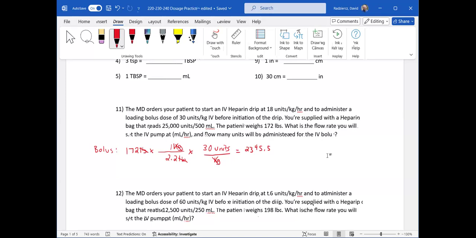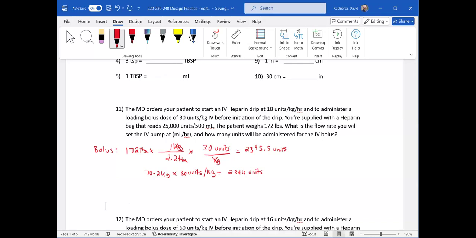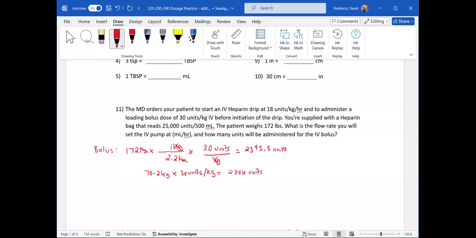So if you were to use 78.2 kilograms times the 30 units per kilogram, that's how you would get the 2346 units, if you're wondering where that is coming from. Again, that might be something you want to clarify with your instructor.